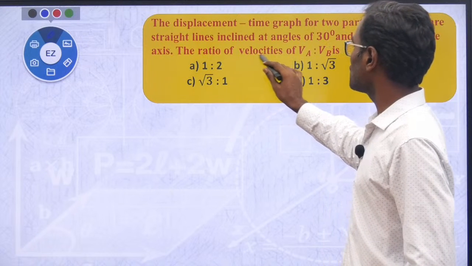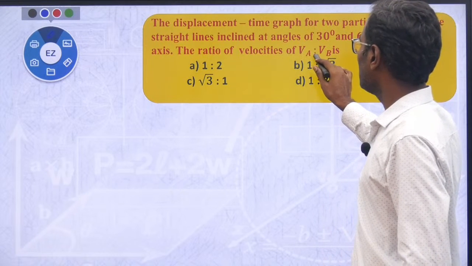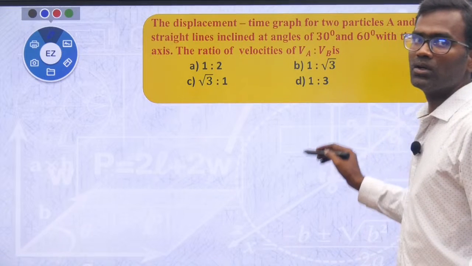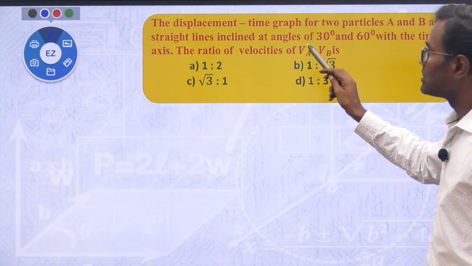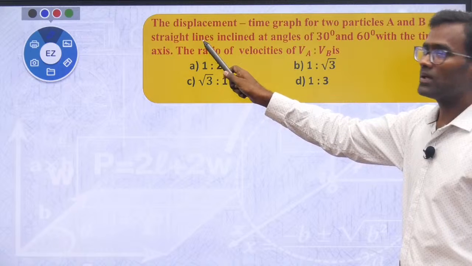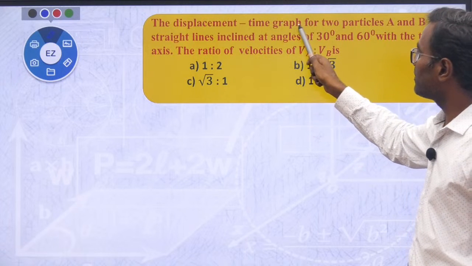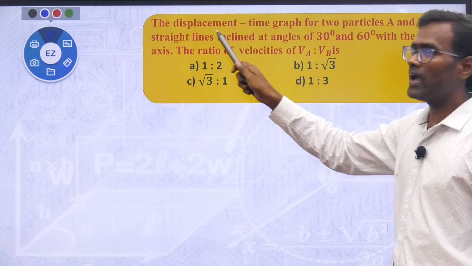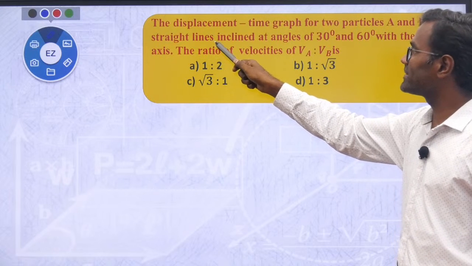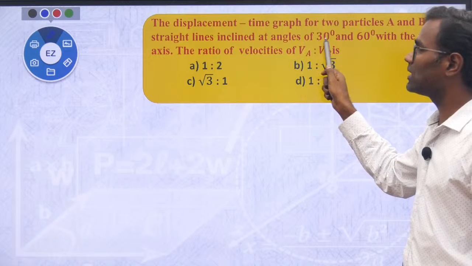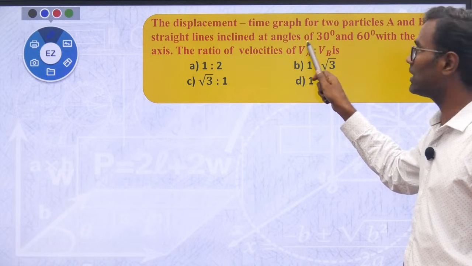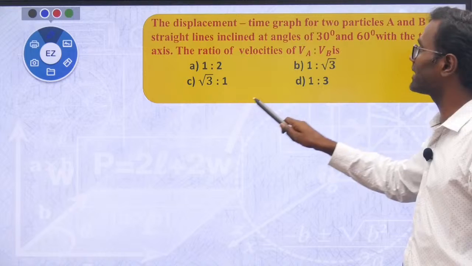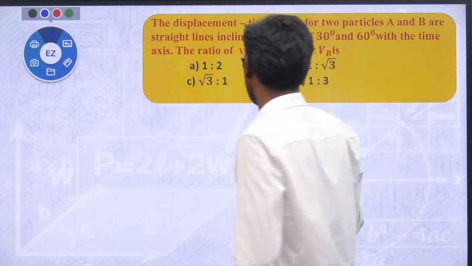The ratio of velocities VA and VB. I will repeat the question again. So one is 30, another one 60 degrees with the time axis. So that we'll write first.